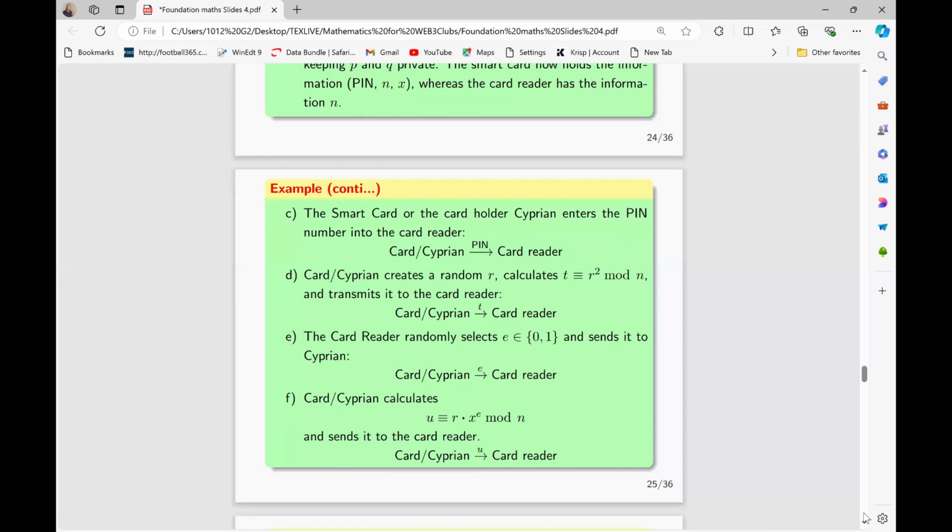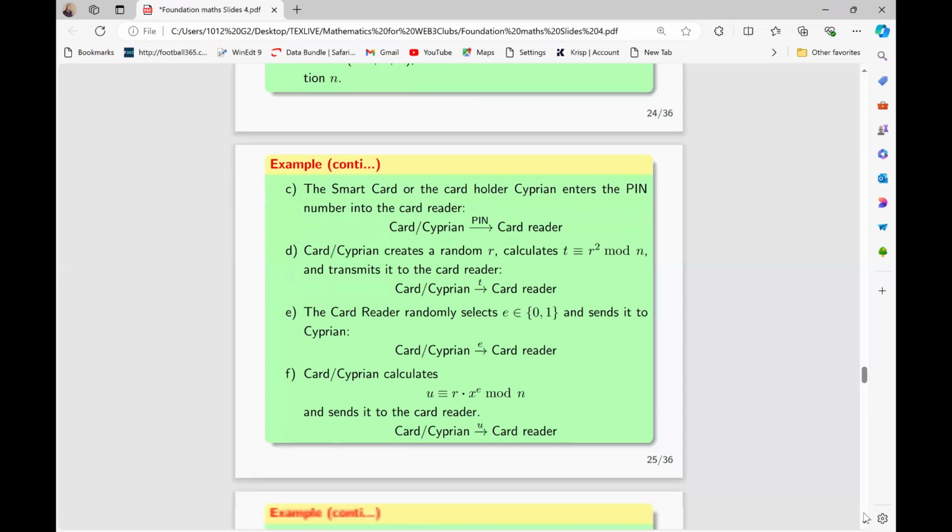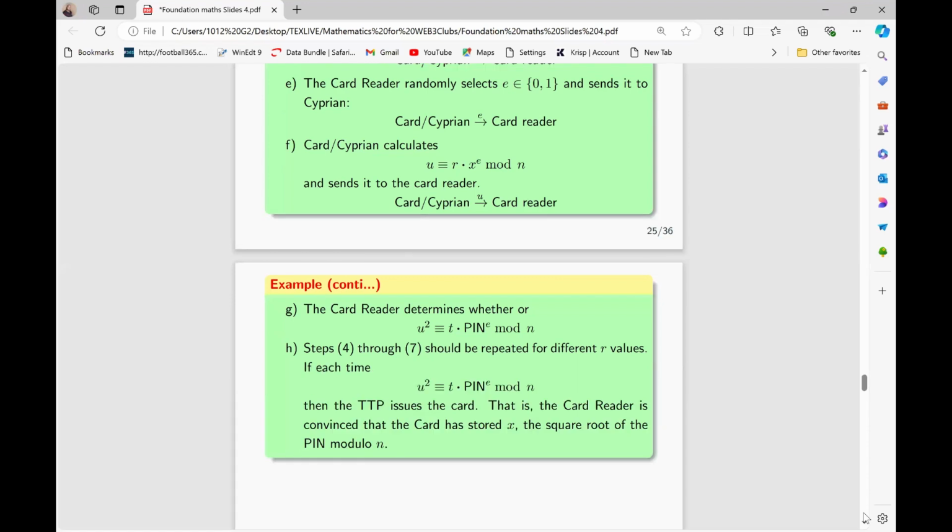You just look at those steps, and when we get time, we shall look at them again and explain. The card is only printed for you at the stage when they know the PIN which you provide.